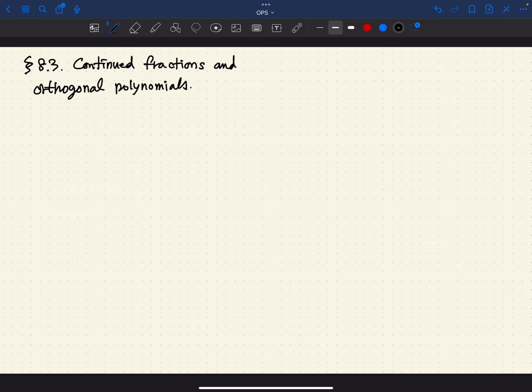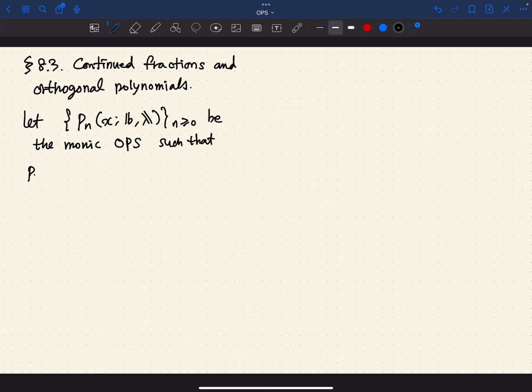So again, we need to introduce this notation. Before we only used p and x, but we're going to specify the sequences b and lambda. The monic OPS, such that they satisfy this usual recurrence.